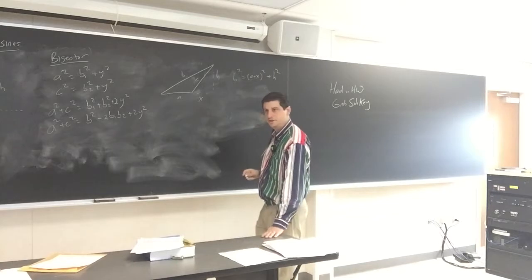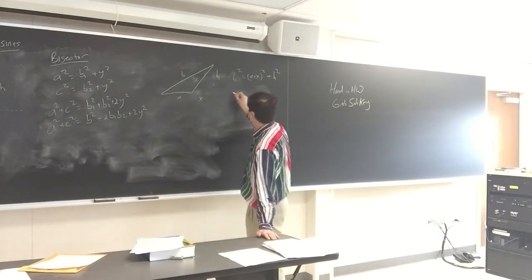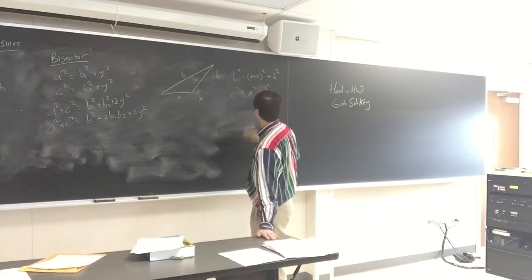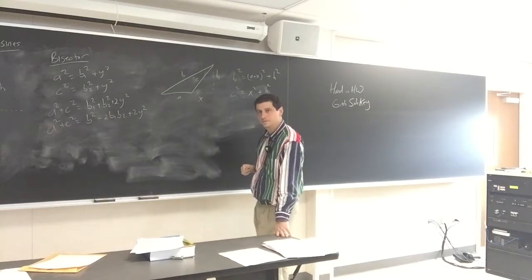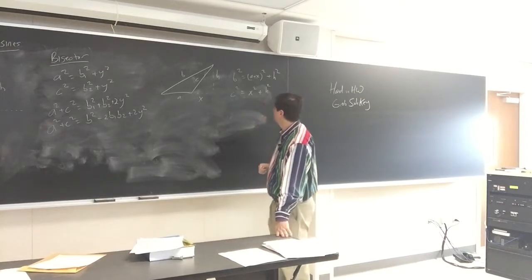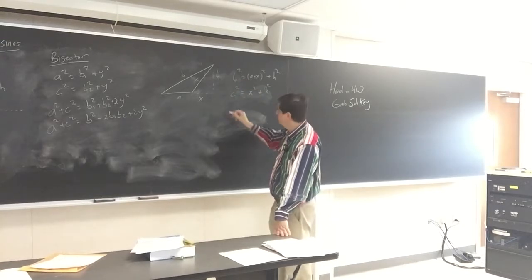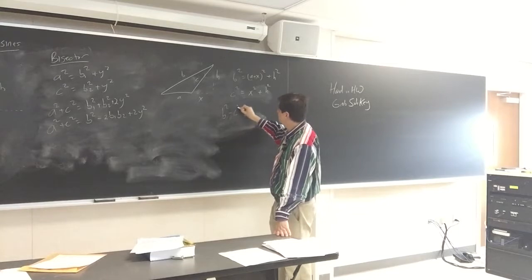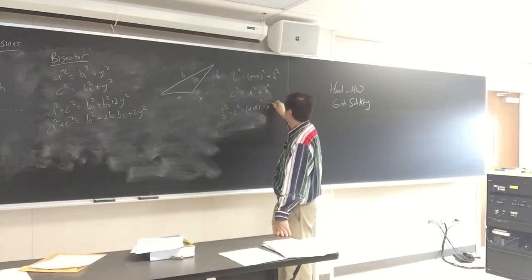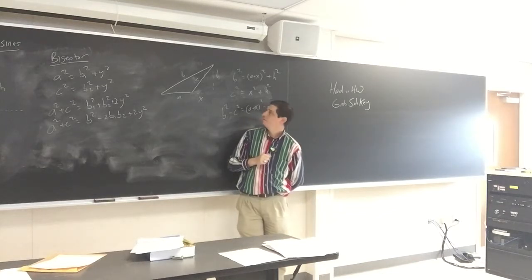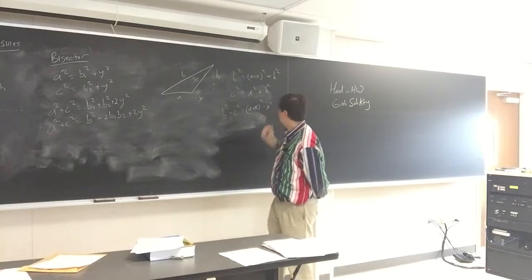And if we looked at the smaller triangle, we would have C squared equal to X squared plus H squared. So if we subtract the second one from the first one, we would get B squared minus C squared is A plus X squared minus X squared. And by subtracting, the H's cancel.